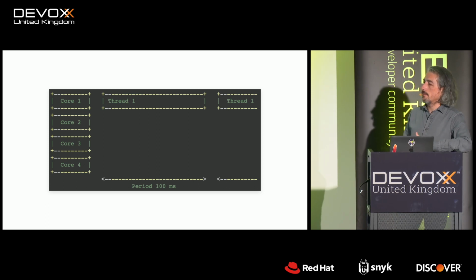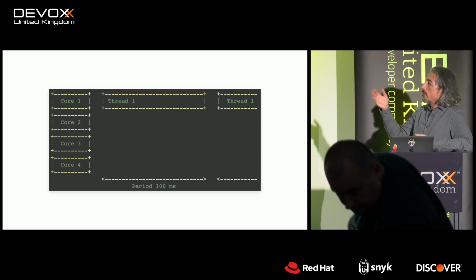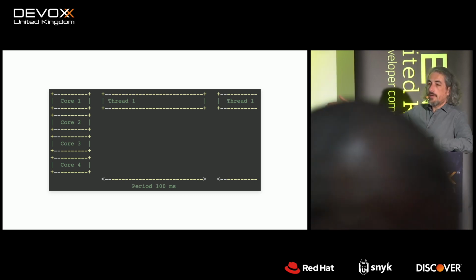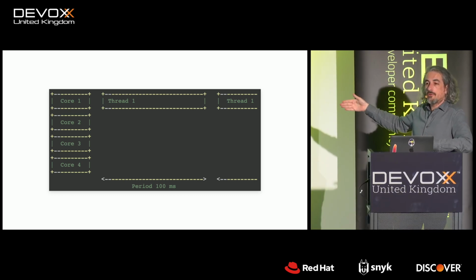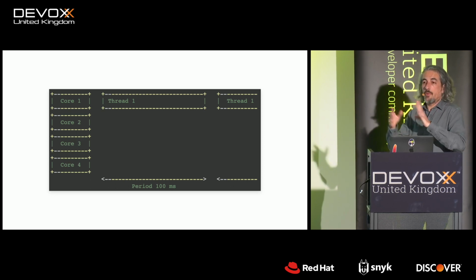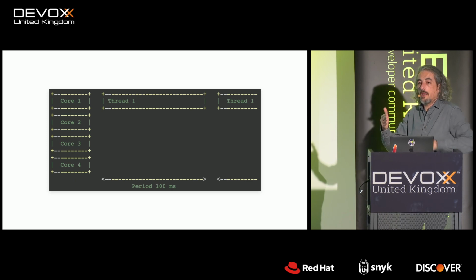Let's say you have 4 cores, and you have a single thread, and you have a one CPU limit. With that thread, you're going to use 100 milliseconds of CPU time, and when the period ends, you're going to get another 100 milliseconds. So you requested one CPU, you get the full CPU every period.